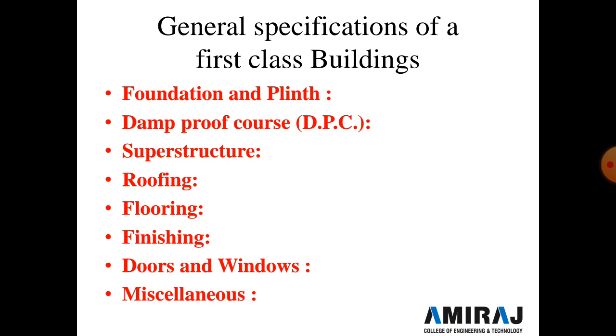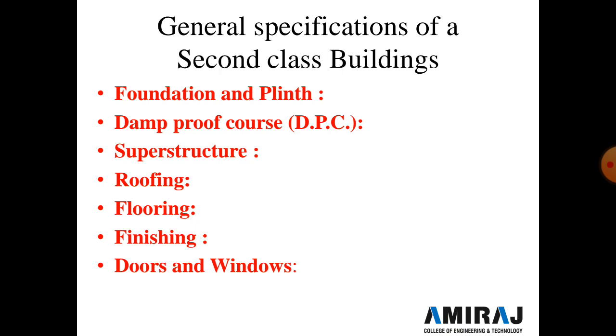Painting is compulsory. And at the last, miscellaneous: the rainwater pipe shall be cast iron or asbestos cement, and finished painted. All the sanitary, water supply and electric fittings shall be of first class material generally used in first class buildings.